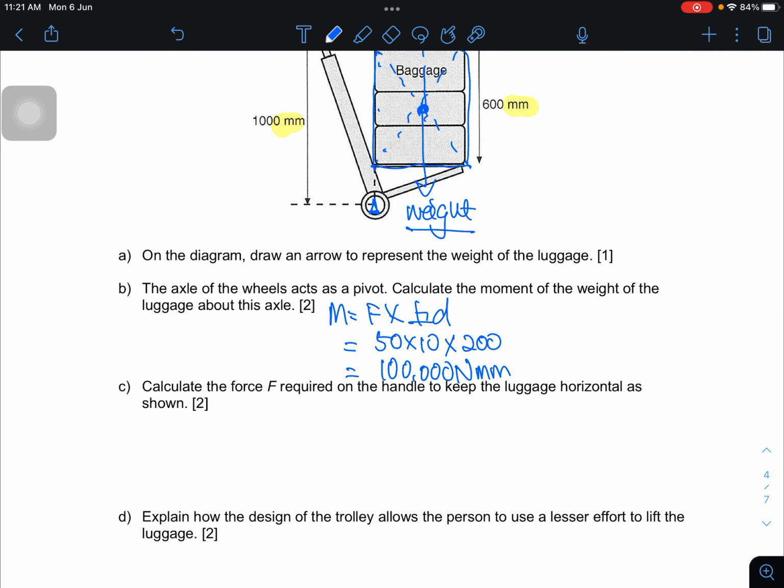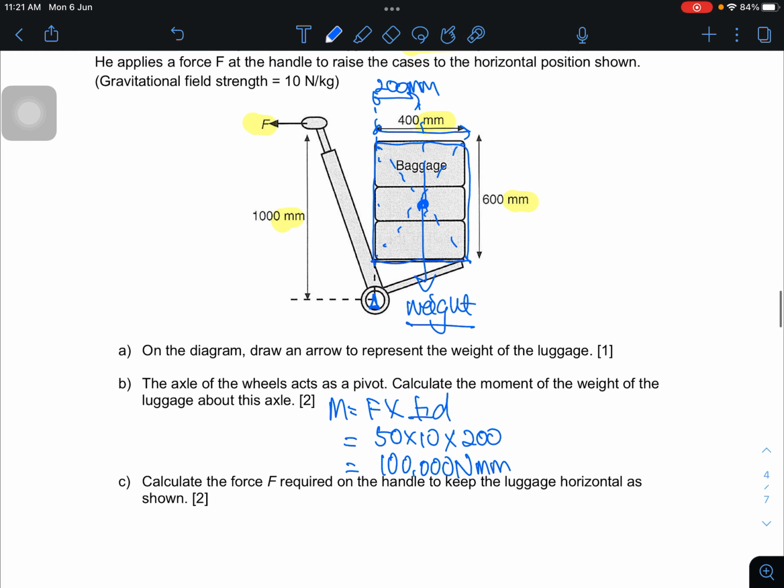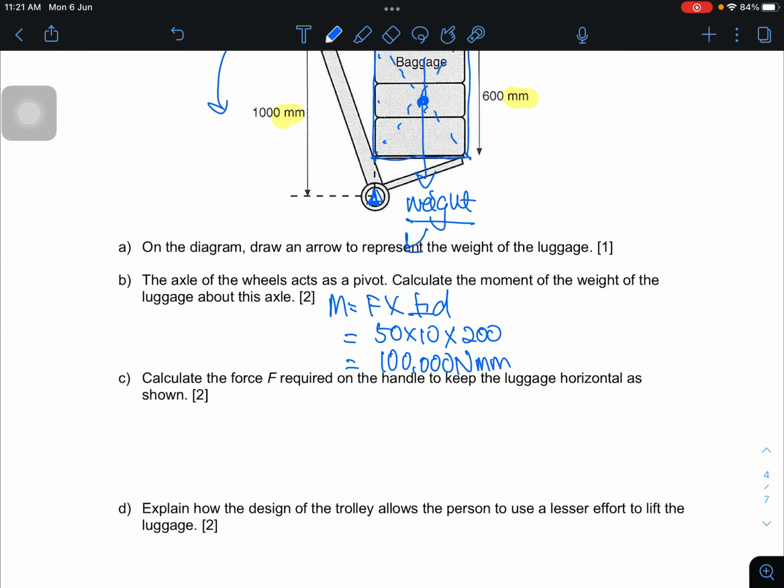C. Calculate the F required on the handle to keep the luggage horizontal as shown. According to the principle of moment, your pivot is here, right? So your F will create an anti-clockwise moment. Your weight will create a clockwise moment. So we're going to equate them.